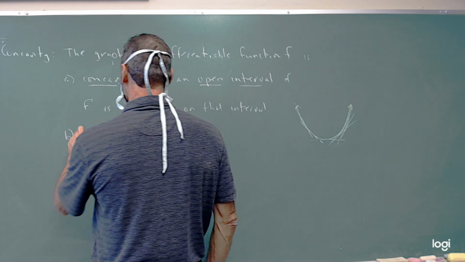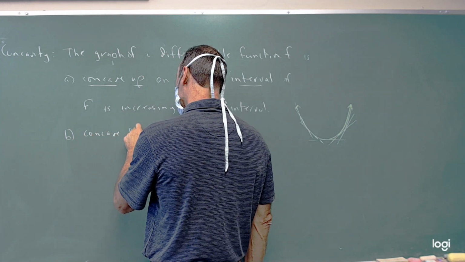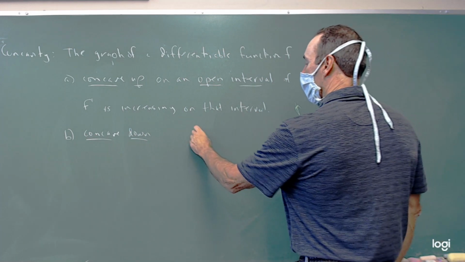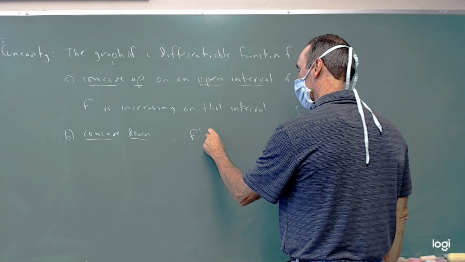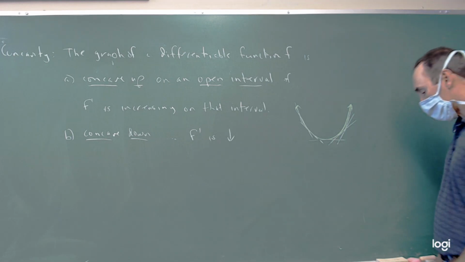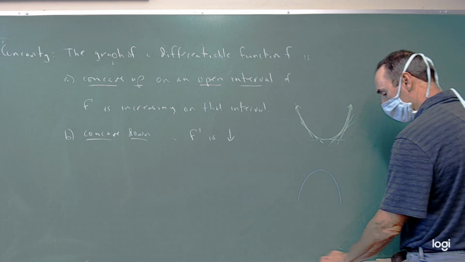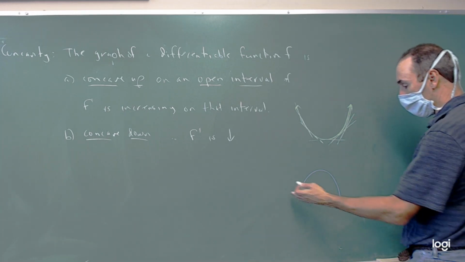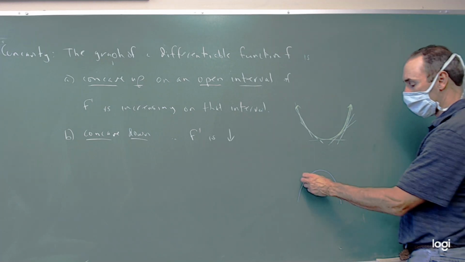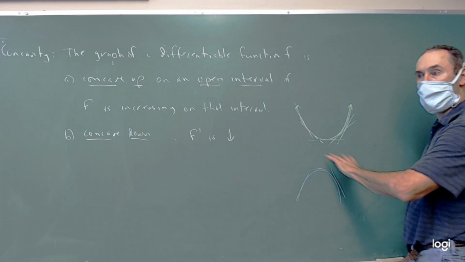I'm not going to write it out in as much detail because it just changes the appropriate things: on an open interval, if f prime is decreasing on that interval. And likewise, you can see that for the graph of a function that is concave down, the slopes of the tangent lines, which is the derivative, are decreasing because they're going from positive to 0 to negative as you go left to right.